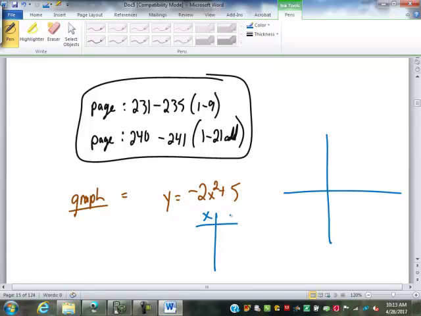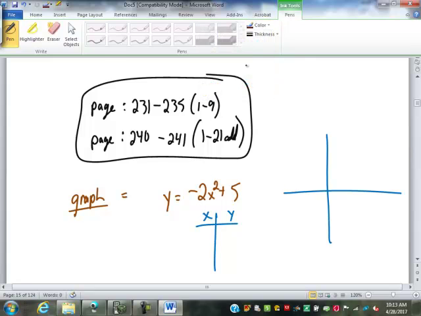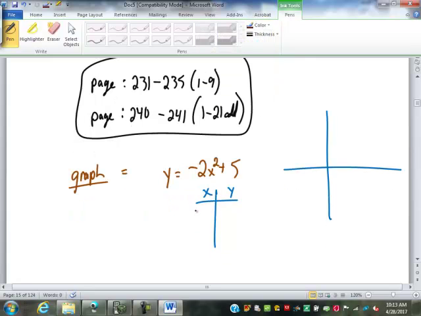Since that's a parabola, we're going to make a table of values, x and y. And I think on the table I'll give you values like negative 3, negative 1, 0, 1, and 3.